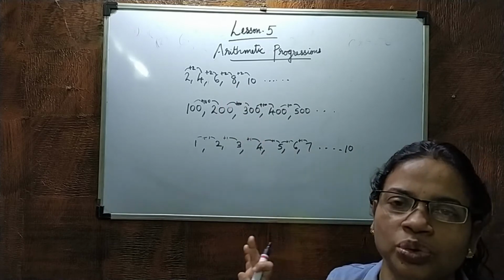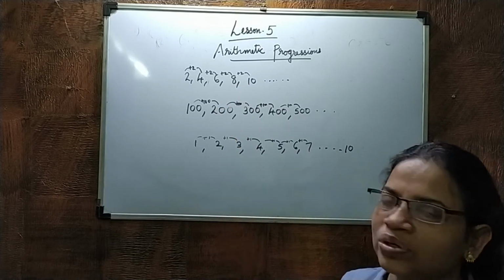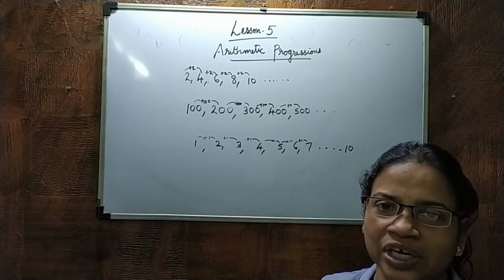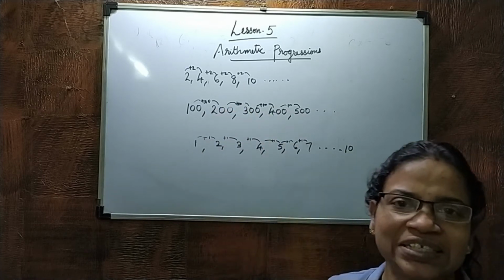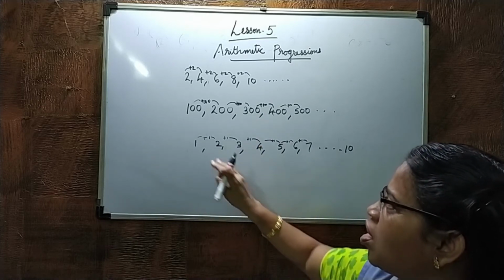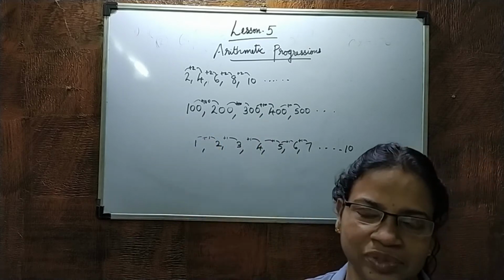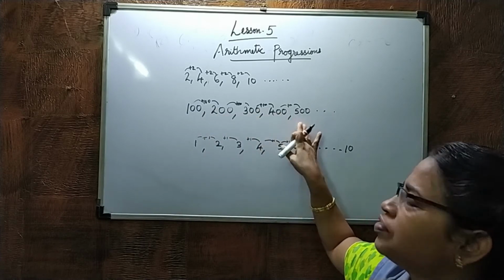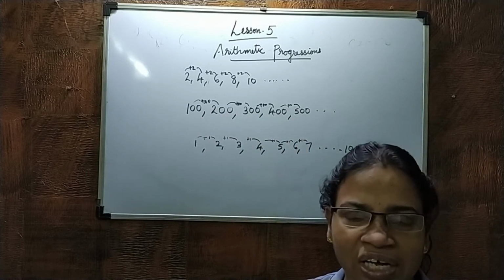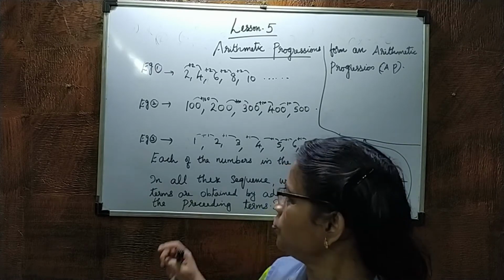Clear? So it goes on. Take the next and the third one also. Same thing: the same number is added, and you get the next term. Now here we will call each number a term: first term, second term, third term, fourth term, fifth term, etc. Clear? So we will write the notes now.